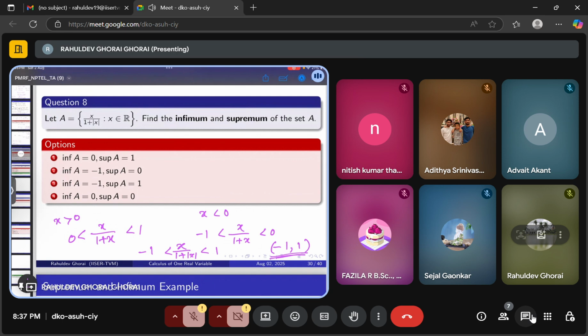And when you have that, what is the supremum here? This, and the infimum is this. So that is the third option. Mainly you need to find the image of the function, where it lies.